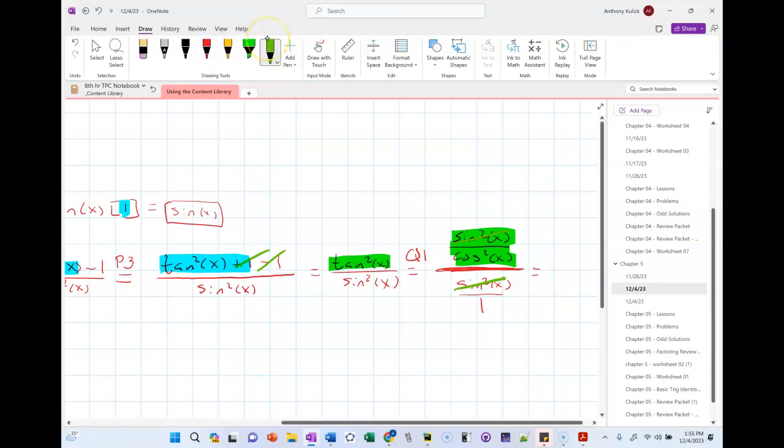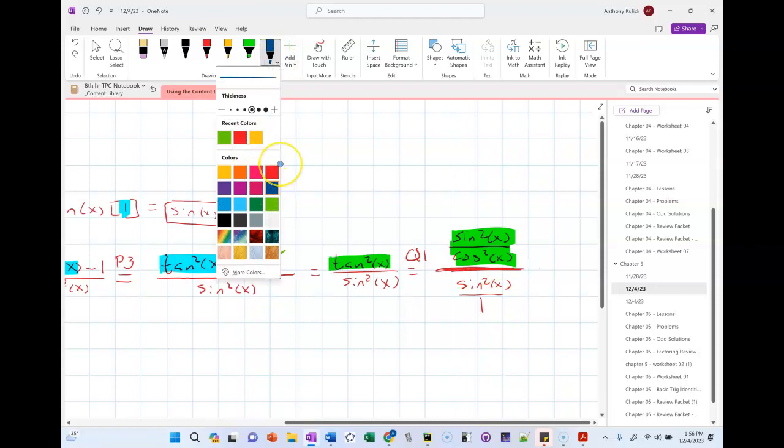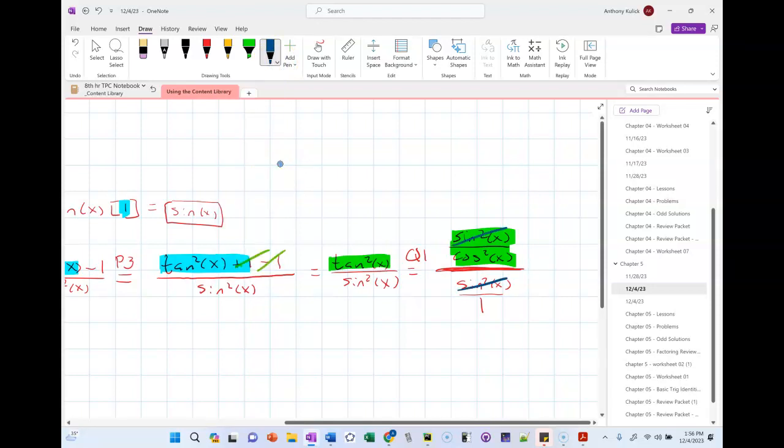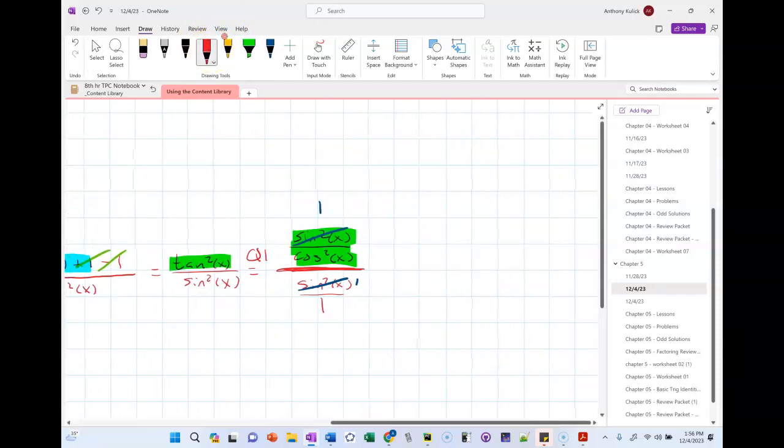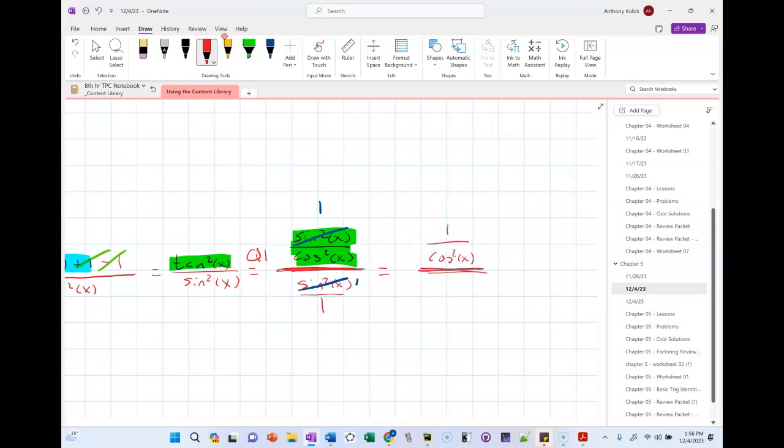Now, when I reduce a fraction like that, when I cross them out, what do they become? 1 is correct. Is everybody okay with how I wrote it this way?